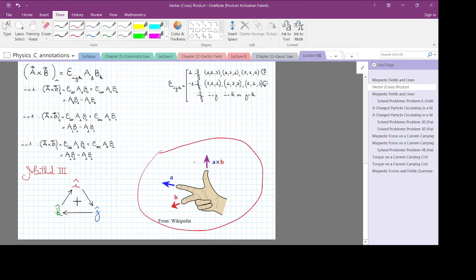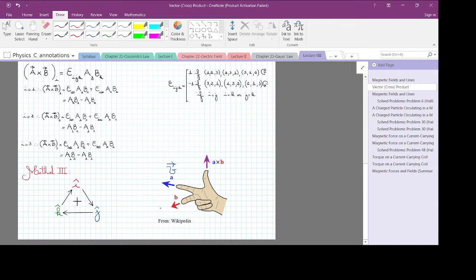I got this figure from Wikipedia. In our case, the blue vector here is going to be the velocity of the particle, so this is v.